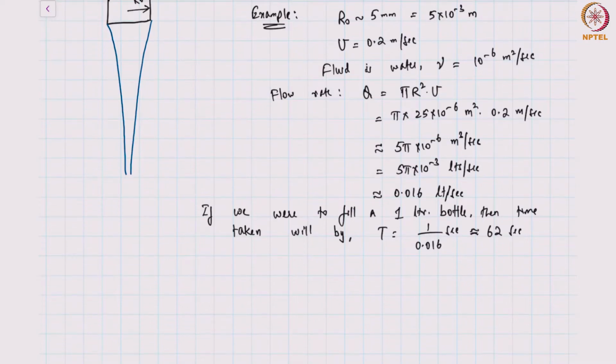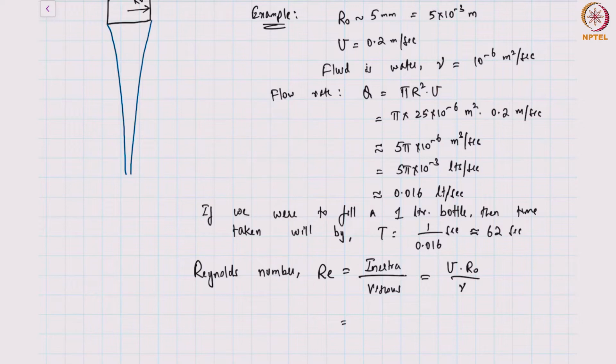Let's calculate the Reynolds number. We know that the Reynolds number is the ratio of inertia to viscous forces, and I've defined it to be velocity u times r naught divided by kinematic viscosity nu. This turns out to be 0.2 into 5 into 10 power minus 3 divided by 10 power minus 6, and this is 10 power 3.